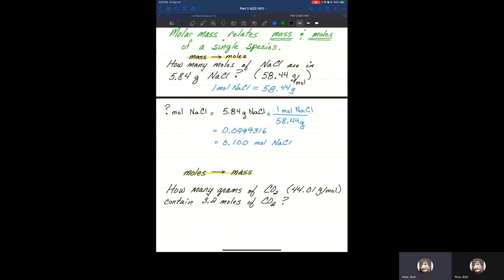Another thing I would like to point out is I want you to look at how many moles of NaCl are in a sample. Notice particularly this question involves NaCl and NaCl.